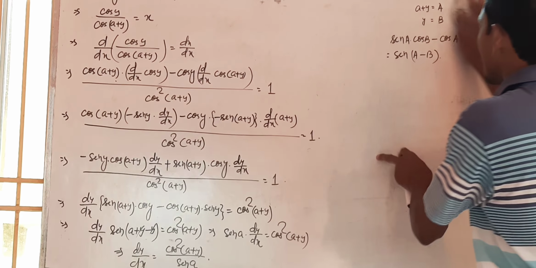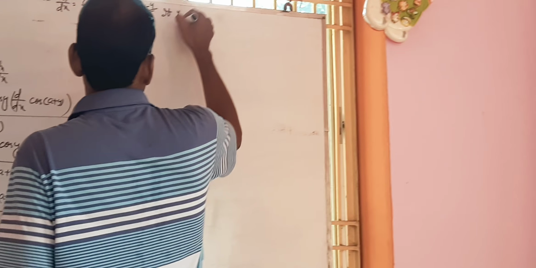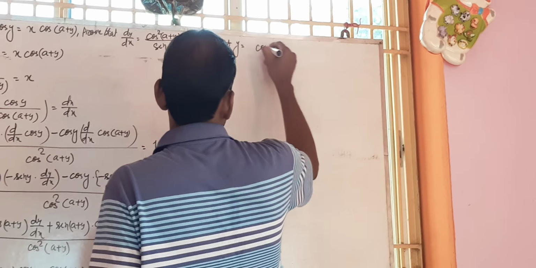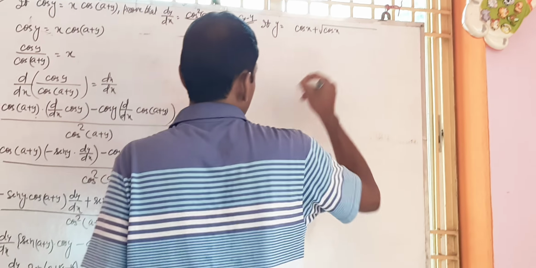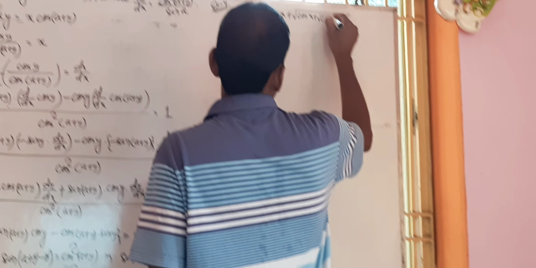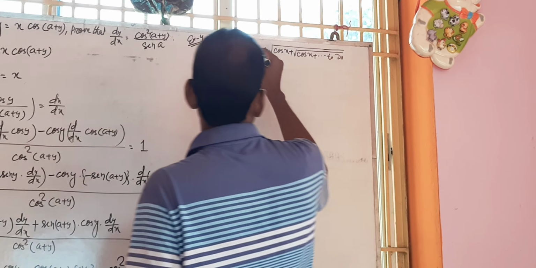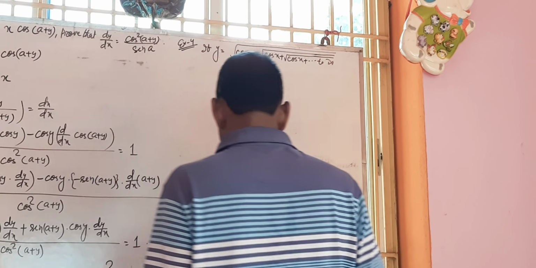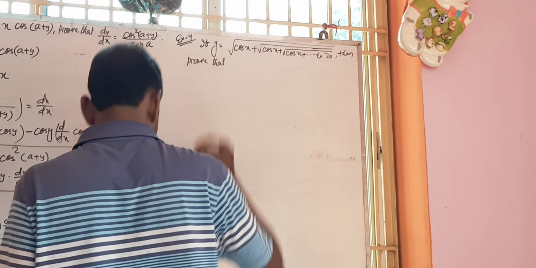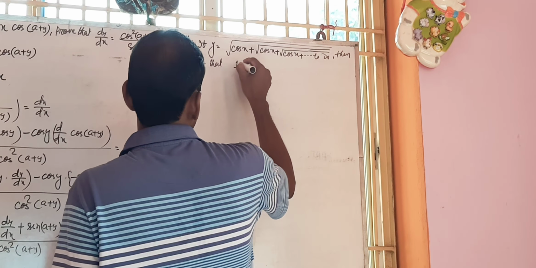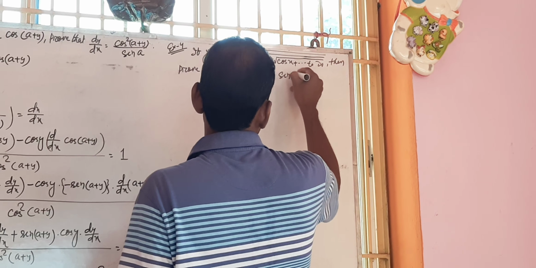Then example 4. If y equals root of cos x plus square root of cos x plus square root of cos x plus dot dot dot up to infinity, with the whole root over, then prove that 1 minus 2y whole into dy by dx equal to sin x.